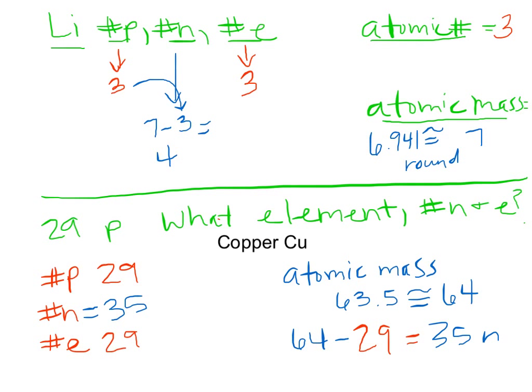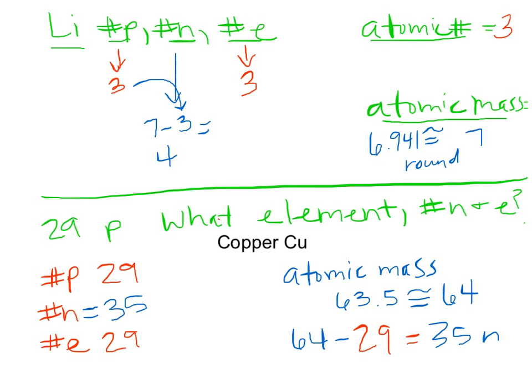So this time I'm hoping that you were able to quickly look at the periodic table for the number 29 and determine that that element was copper with the symbol Cu. Again, the atomic number quickly will tell you that it has 29 protons and 29 electrons. The tough part again was using the atomic mass to determine the number of neutrons. Here I looked at the atomic mass for copper and it was 63.5.